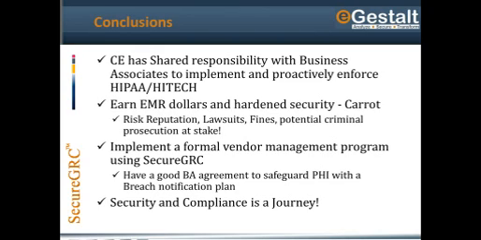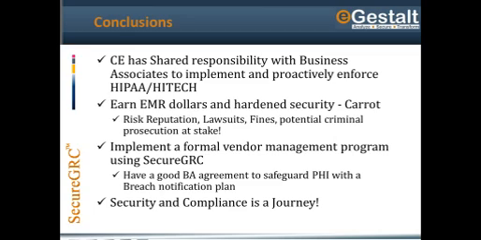It allows you to also become more secure. It allows you to earn the EMR dollars and harden your security practices, of course, because if there's a data breach for whatever reason, that could be very costly. It could lead to fines and, of course, brand damage.